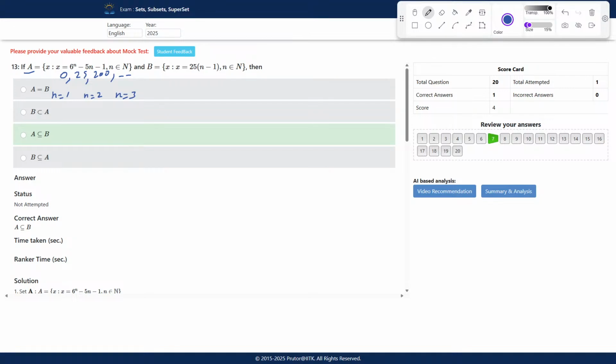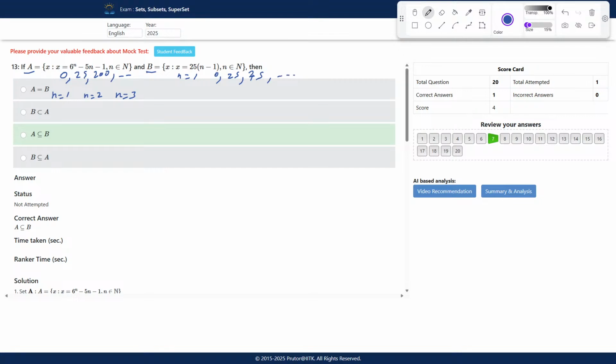Clear? Now for set B, for n equals 1 you are getting 0, for n equals 2 you are getting 25, for n equals 3 you are getting 75, and so on.